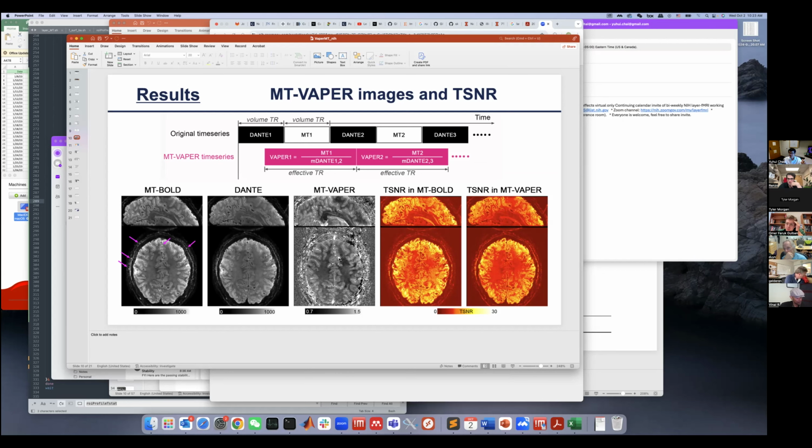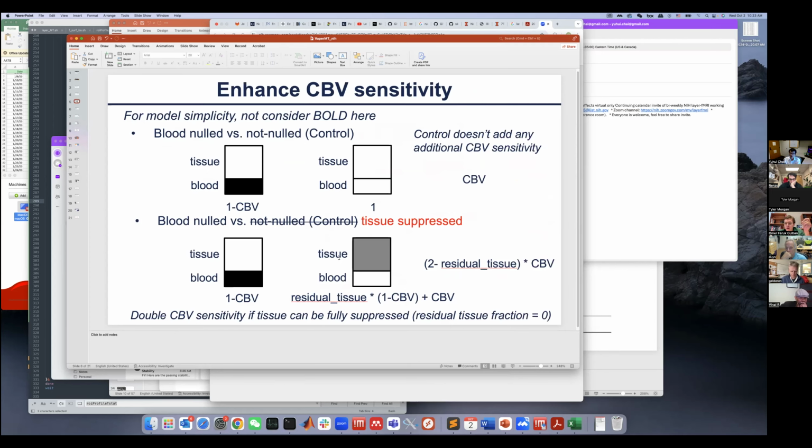At the beginning, before this slide, you said that if you proceed with acquiring CBV and 1 minus CBV data, you would double your sensitivity because now you're measuring the same thing twice. The contrast between those two will be doubled. However, now I'm trying to understand your results based on your comparison between MT VAPER and VASO, and it's not double, right?